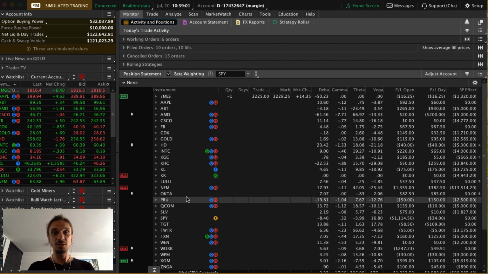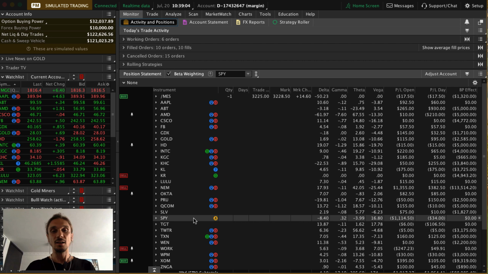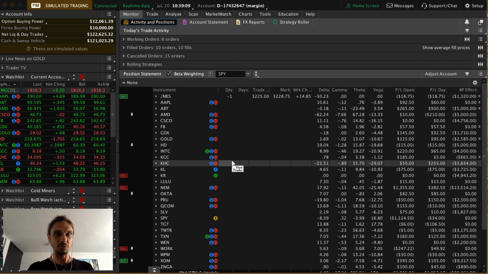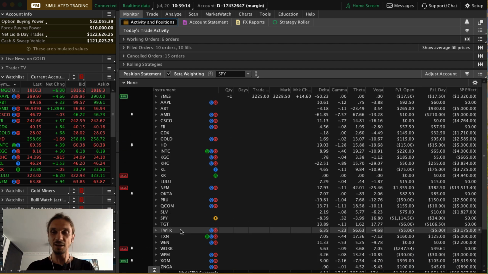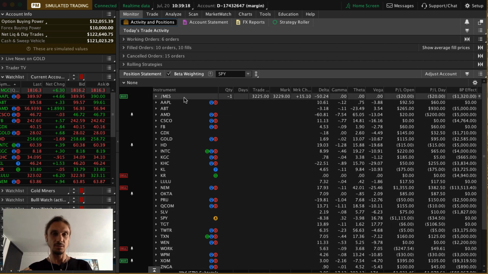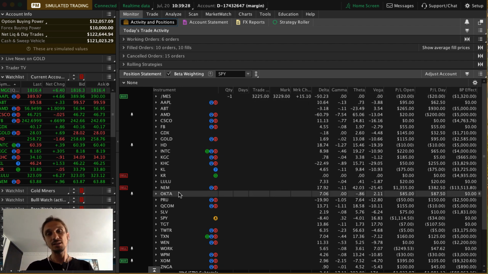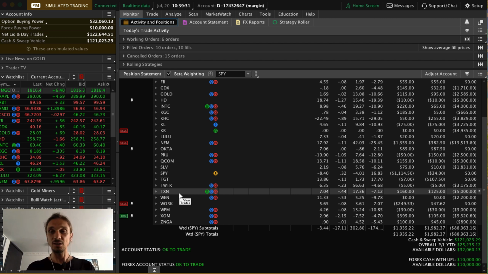It's a good idea to keep the amount of positions you take not too big, from 10 to 15. I exceeded it here, but it's just because I see the markets are bullish and I see a lot of interesting trades, so I want to play around with those as well.